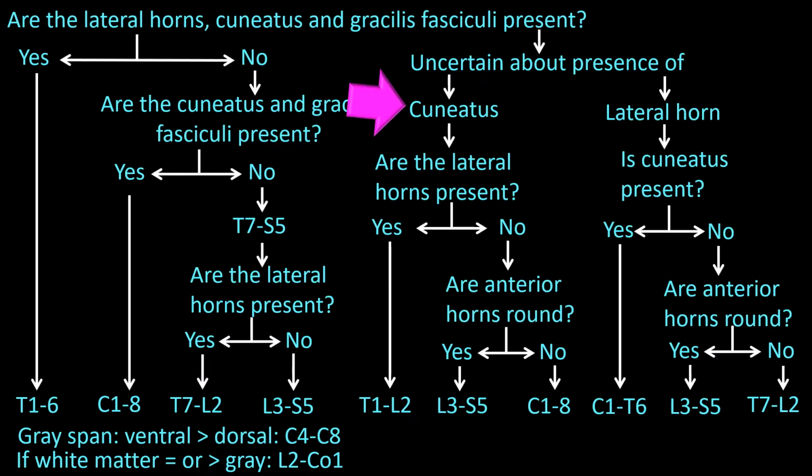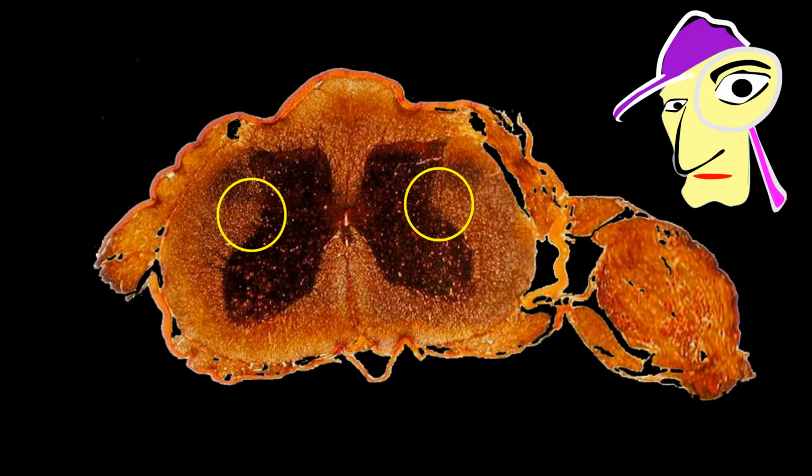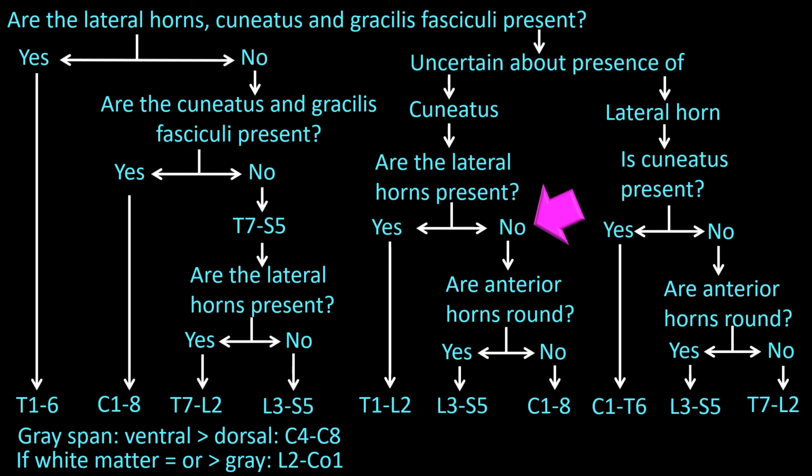Such a finding should prompt us to ask ourselves another question. The question is, are the lateral horns present? As you can see, in this case, the lateral horns are not present. So we choose the no path.